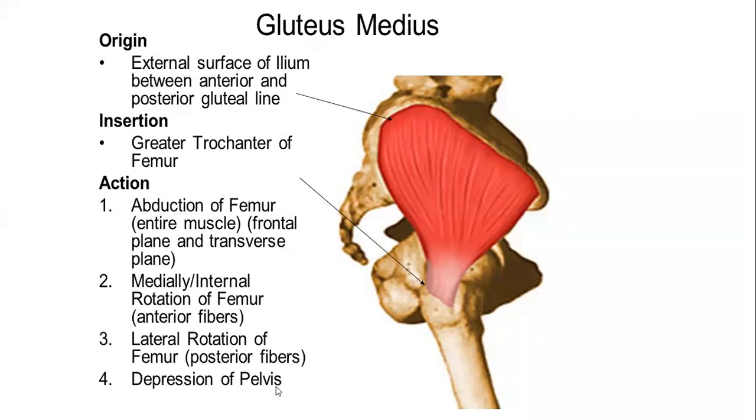It is going to slope downward. If the gluteus medius on the left side is damaged because of damage to the superior gluteal nerve, this is going to lead to the depression of the pelvis, or sinking down of the pelvis, on the right side. So I hope this point is clear to everybody.